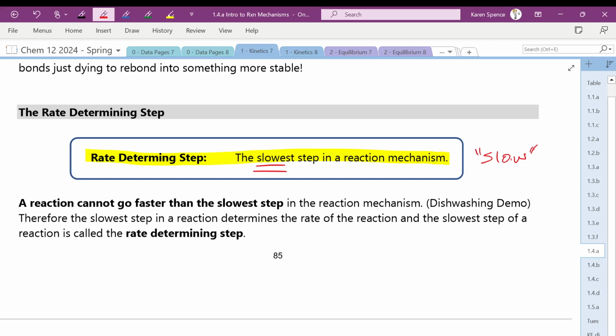If one thing is going at 5 kilometers an hour and one is going at 10 kilometers an hour and the other is going at 30 kilometers an hour, we can only go at 5 kilometers an hour. Now, the road analogy is actually kind of crappy because it doesn't really explain things.